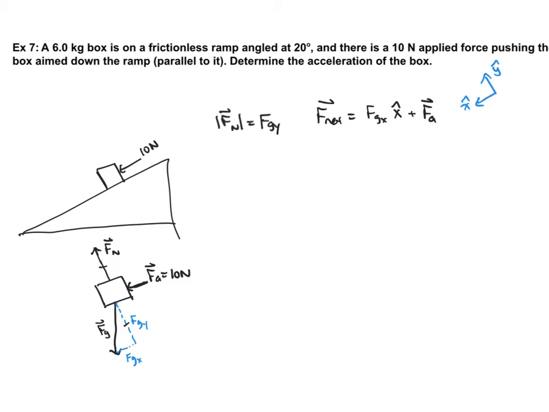I'm asked to solve for the acceleration, so I'm going to need to get that into the equation. That's going to come from rewriting F net as ma with Newton's second law. The x component of gravity is mg sine theta. Always is for these ramp questions. In the x direction, and the applied force is, well, it's 10, but I'll just leave it as applied force for now.